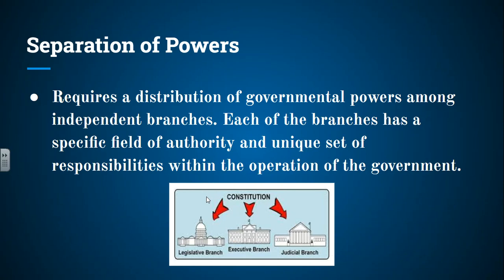Separation of powers requires a distribution of government power among independent branches. Each of the branches has a specific field of authority and a unique set of responsibilities within the operation of the government. You see by the picture there, we have 3 branches of government who have 3 unique specific powers. The legislative branch has specific powers, the executive branch has specific powers, and so does the judicial.